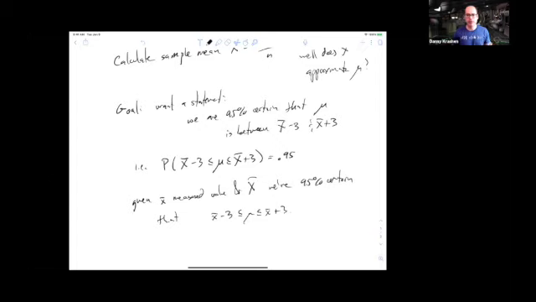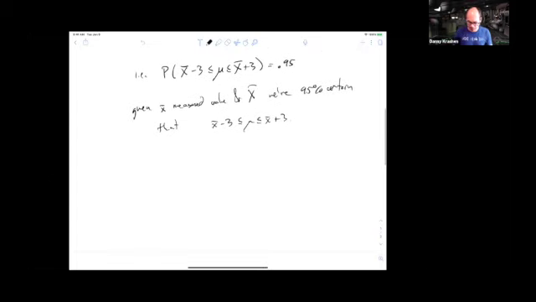I want to formalize this language with the notion of a confidence interval. This is the definition of a confidence interval. Here's how it goes. Say we have some parameter, call it lowercase theta, which has to do with our population.